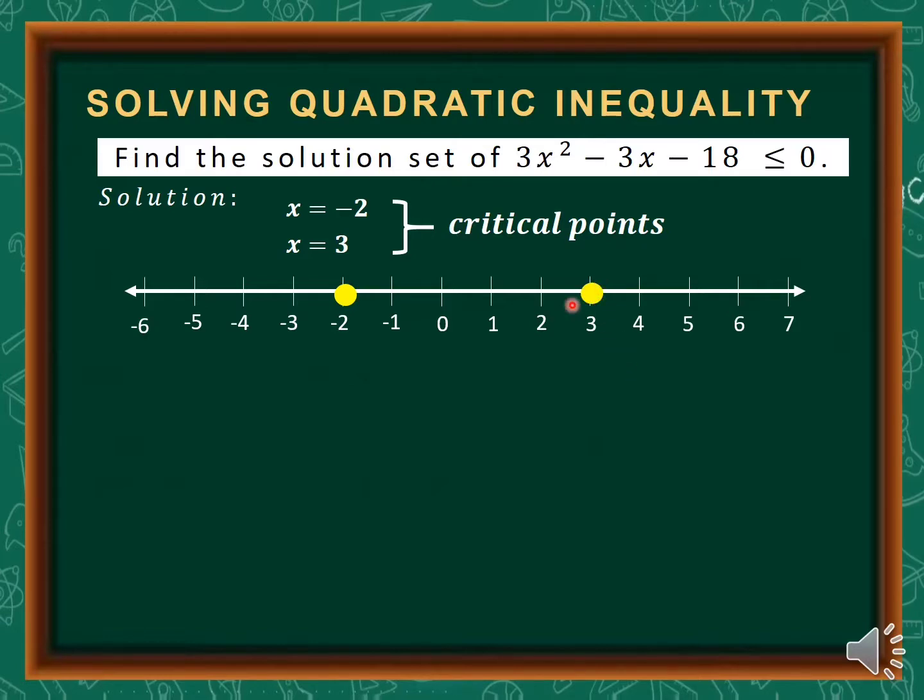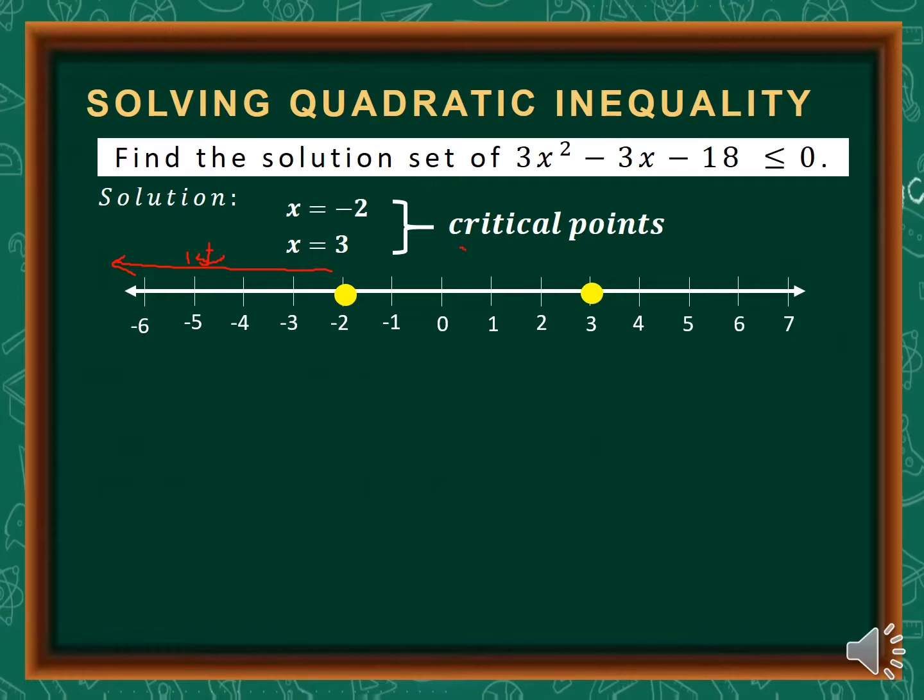Okay, so, after plotting the critical points, may nabuo tayong intervals. This is the first interval, mula dito kay negative 2, papuntang left side. Medyo nahirapan lang ako magsulat. Now, ang ating second interval will be from negative 2 up to 3.